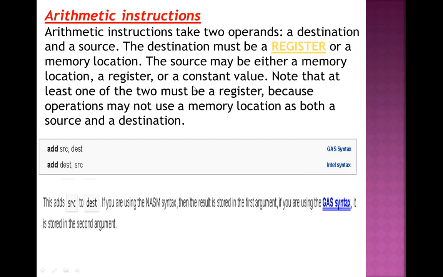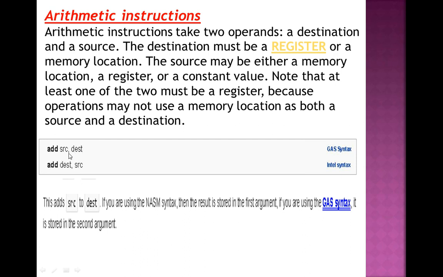Then we also talked about the multiple arithmetic instructions available in x86-64. There are two types of operands, one is the destination and one is the source, and multiple registers are used for the destination and the source. So this is your addition operation. First is ADD, add SRC, DEST.